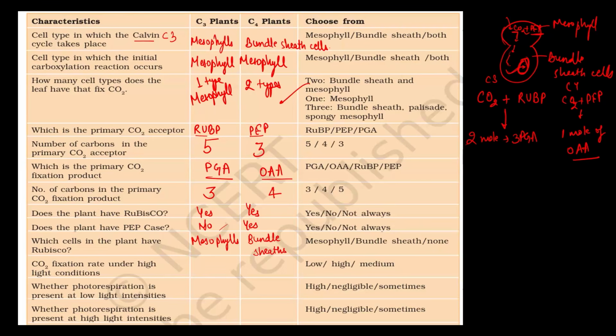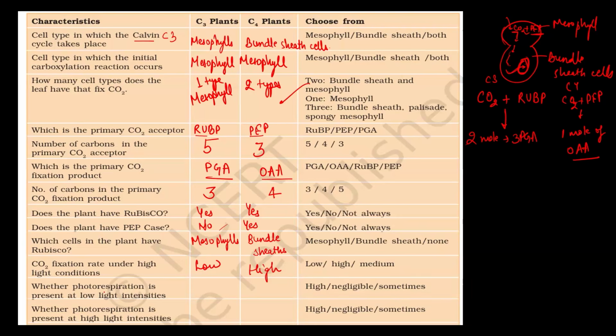So, if you try to fix carbon dioxide under high light condition, the C3 plants will have low carbon dioxide fixation. While the C4 plants, because they have high temperature optima, can handle even high light intensity, and also they are present in the tropical region where the light intensity is high, so they are adapted, right? So the carbon dioxide fixation under high light condition will be high in the case of C4 plants.